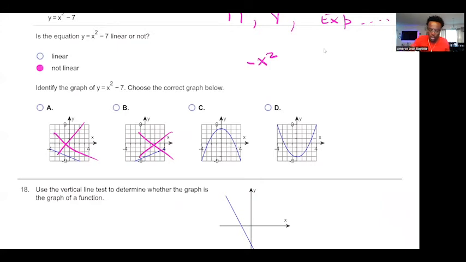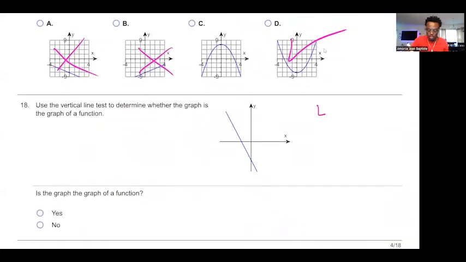If there is no negative sign in front of the x squared term, the parabola looks up. So that makes this one your answer. The parabola looks up when the x squared is positive, and when x squared is negative, the parabola looks down.